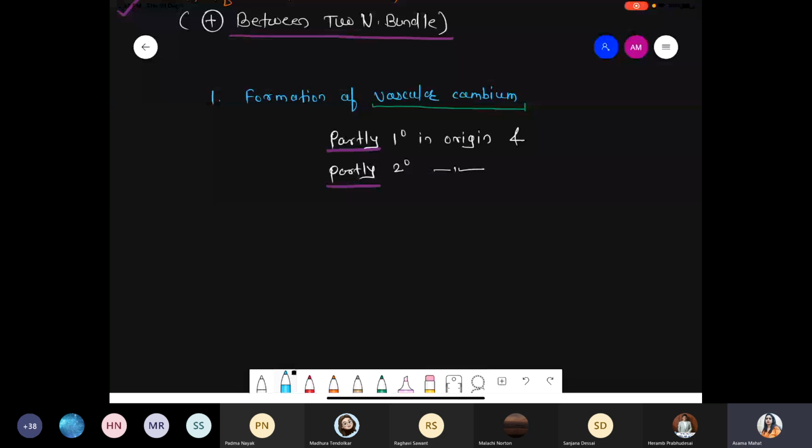So simple, I'm giving you an equation. Intrafascicular cambium plus interfascicular cambium.